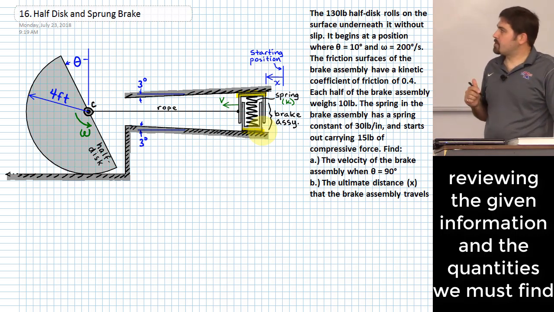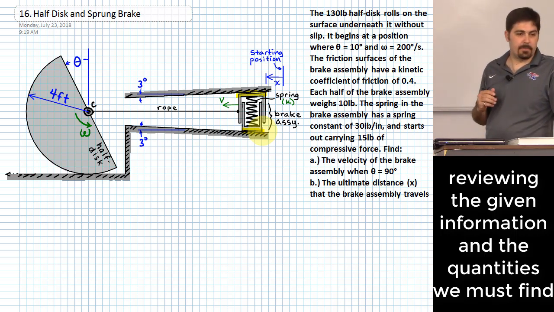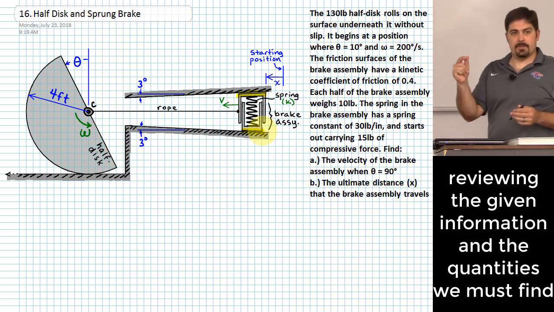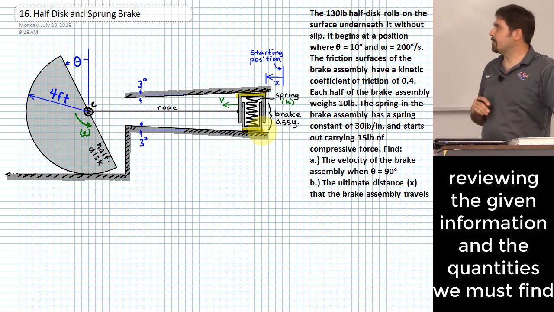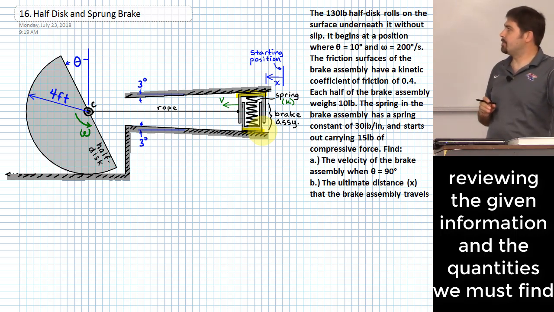All right, we're going to start out such that the position of the disk is described with a theta angle of 10 degrees, and at that starting moment, we also will already have an angular velocity of 200 degrees per second. And what we want to do is find two things.